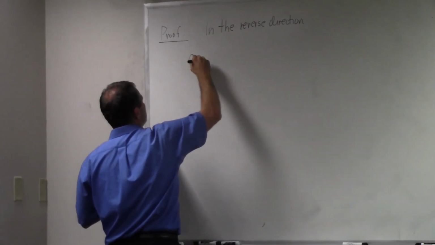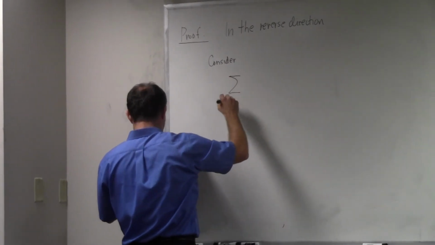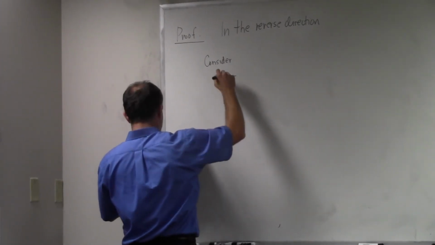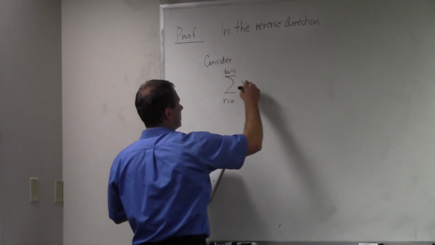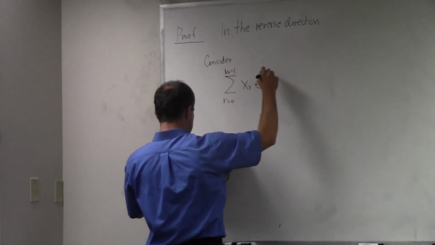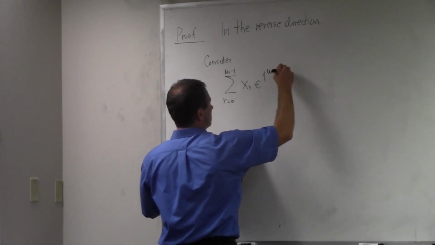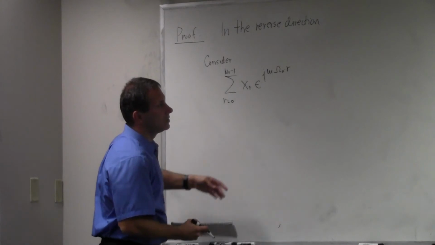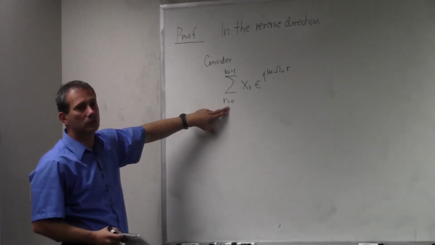consider this sum when r goes from 0 to n0 minus 1, x[r] e to the j m omega 0 r. Essentially consider this sum. We need to demonstrate that this is equal to x[m].